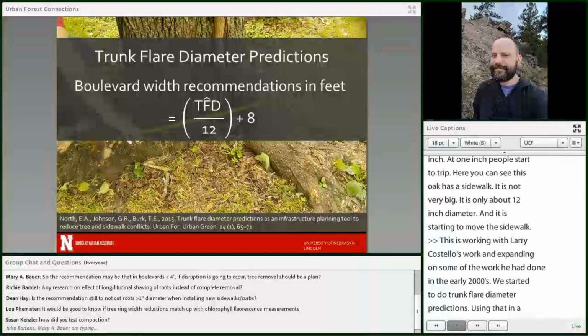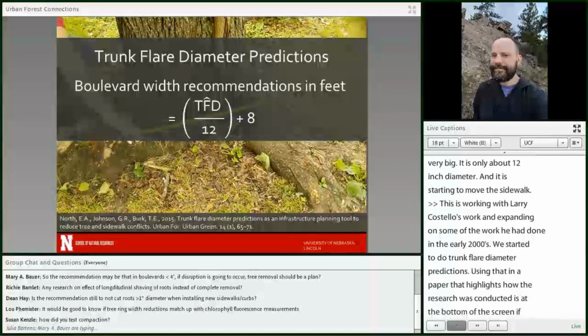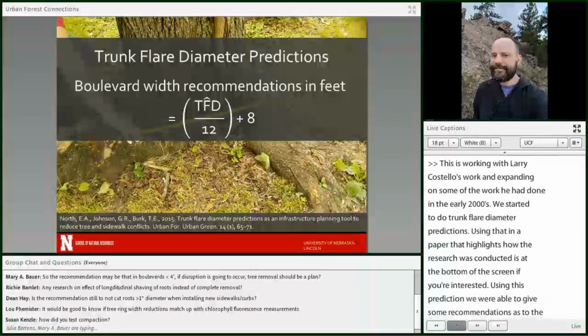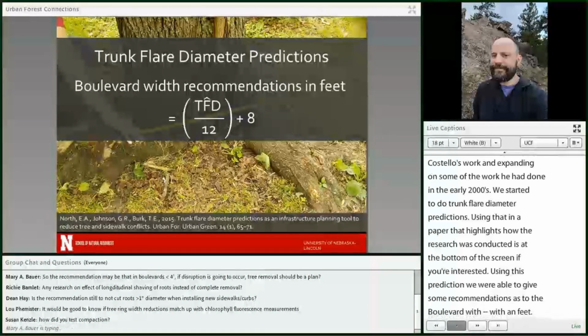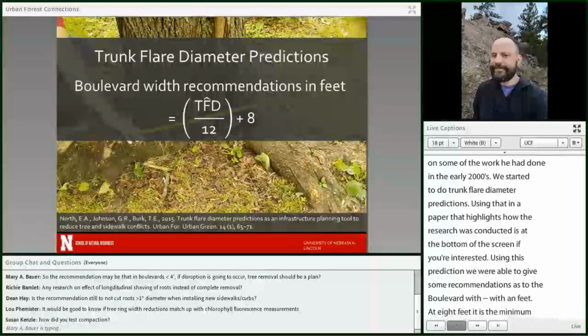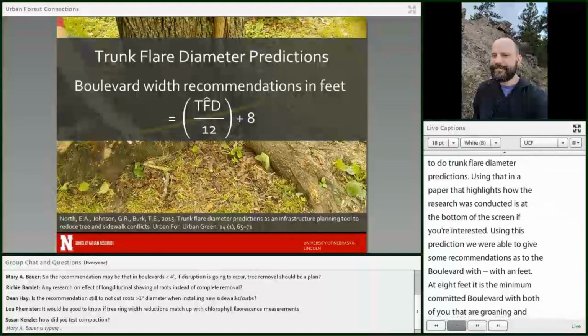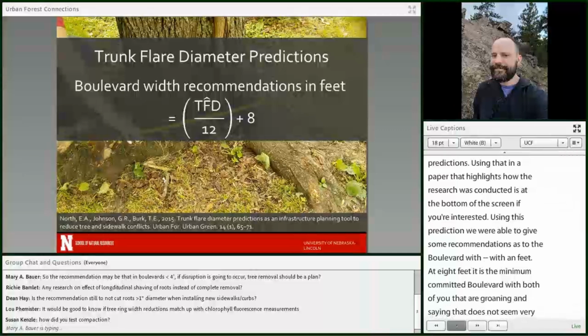But essentially using these predictions, we were able to give some recommendations as to the boulevard width in feet. And you can see that 8 feet is about the minimum recommended boulevard width. And those of you that are groaning and saying that doesn't seem very reasonable, I would agree, and so we'll give some other potential solutions as to how to deal with that.